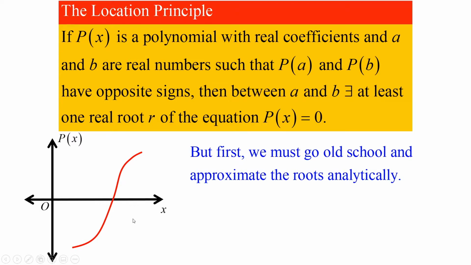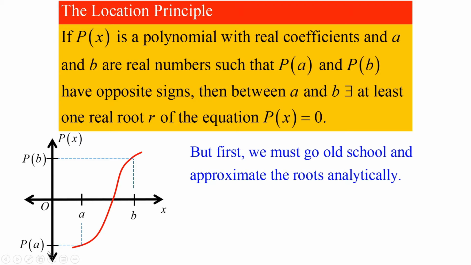All right, and a and b are real numbers such that p of a and p of b have opposite signs. So I need an a and a b on the x-axis, and the root's going to be somewhere in between a and b. And then p of a would be this y value down there, and p of b would be this y value up top right there.